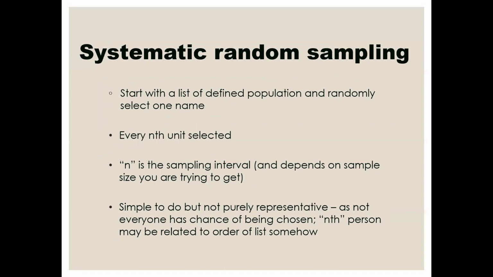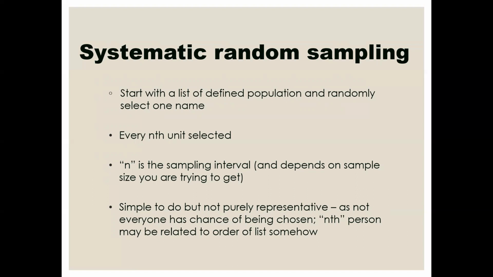Another way of approaching sampling is you say, okay, I have a list of a population, and I don't have a random numbers table. I can't get the app. I don't have a random number generator. I'm not able to do it. So what I'm going to do is make a list of every single name, and choose the nth number. And I'll give you an example.